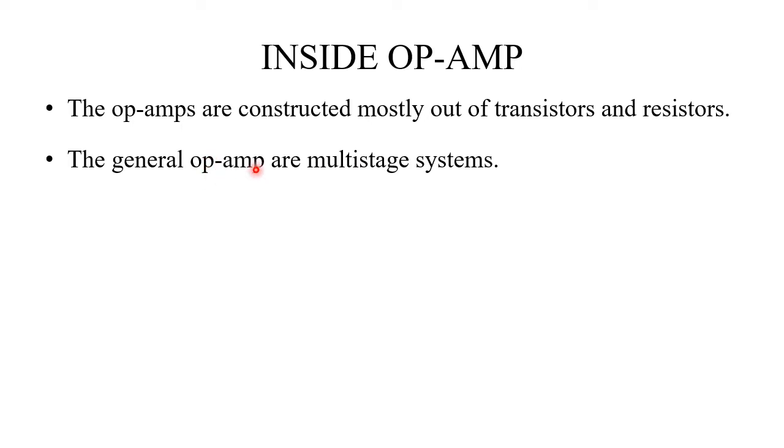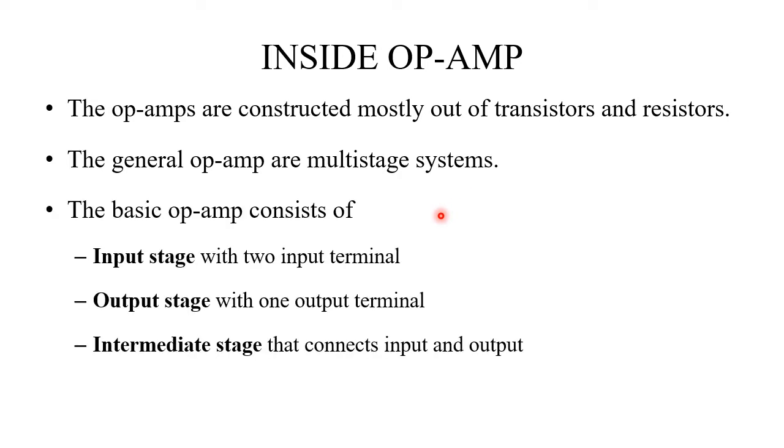So the general purpose operational amplifier are multi-stage systems. So it is having many stages like input stage, output stage, and intermediate stage. So the input stage will have 2 input terminals, output stage will have 1 output terminal, and the intermediate stage will connect both the input stage and the output stage.